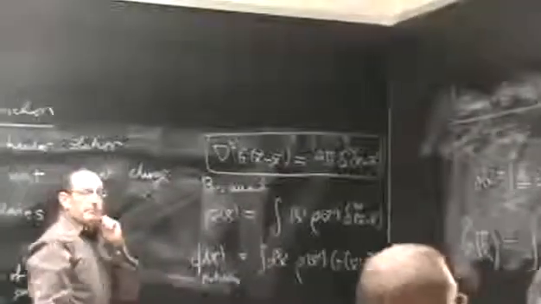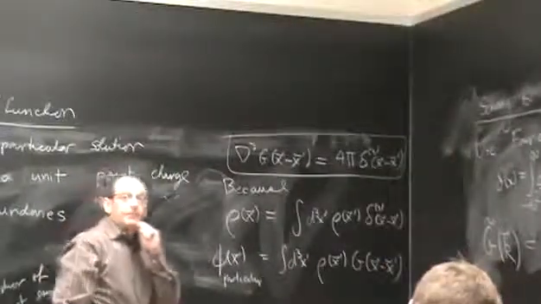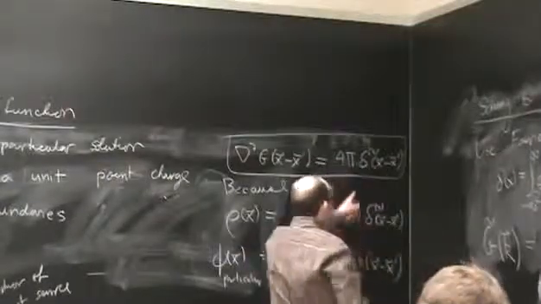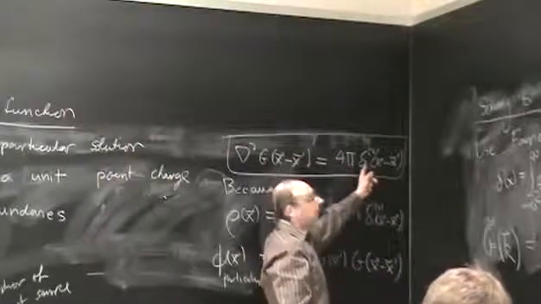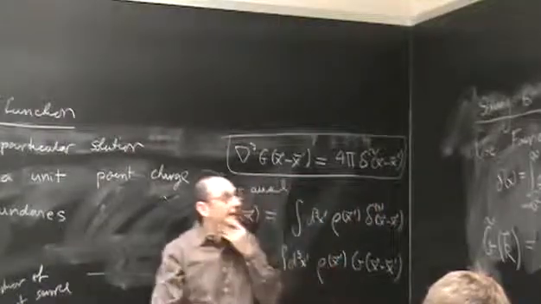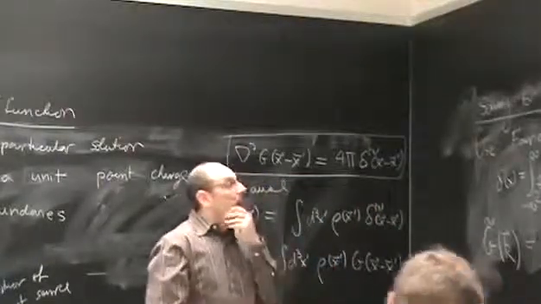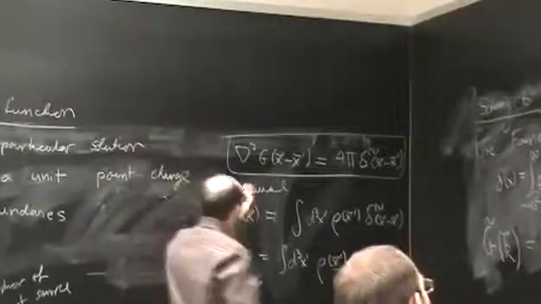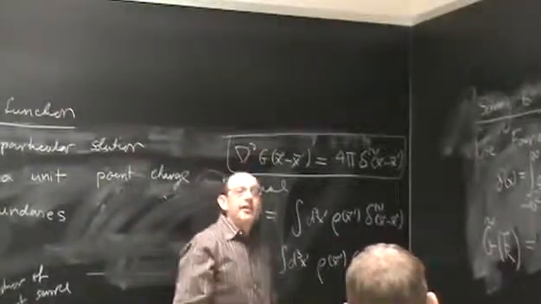So, what we need to do then is to take the Fourier transform of both sides of the equation. We know what the Fourier transform of the right-hand side is. That's equal to 1. So we need to take the Fourier transform of this.